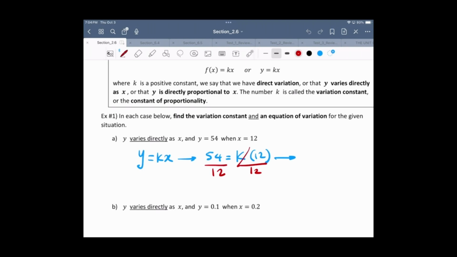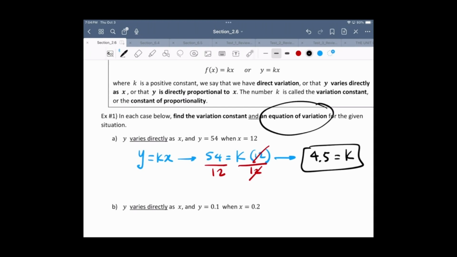On the right side, the 12s cancel each other out. And on the left, we get 54 divided by 12, which is 4.5. So k is 4.5. So we did the first task, we've already accomplished it. We found the variation constant. It's 4.5. Then it asks for the equation of variation.